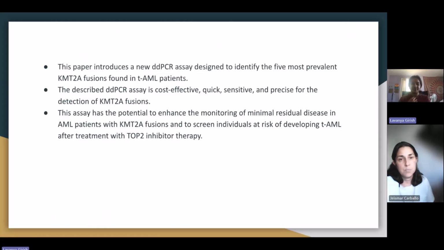The described ddPCR assay is cost-effective, quick, sensitive, and precise for the detection of KMT2A fusions, and this assay has the potential to enhance monitoring of minimal residual disease in AML patients with KMT2A fusions and to screen individuals at risk of developing TAML after their treatment for cancer.